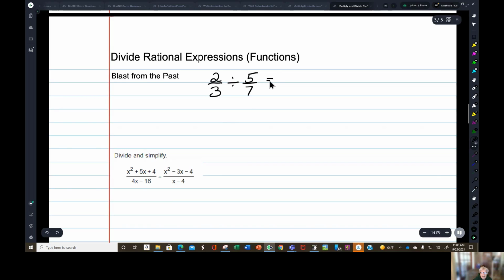If you recall from way back, you write the first fraction just the way it is, you change the division sign to multiplication, and you take the reciprocal of the second fraction, 7/5.